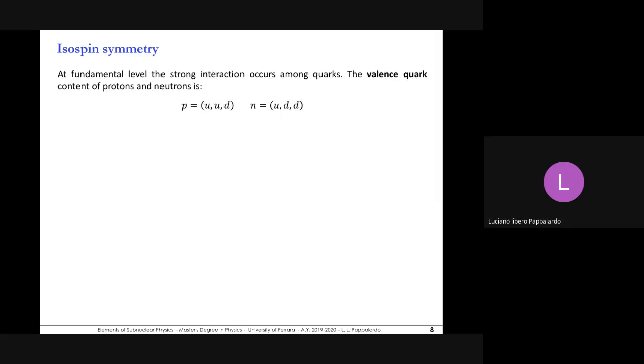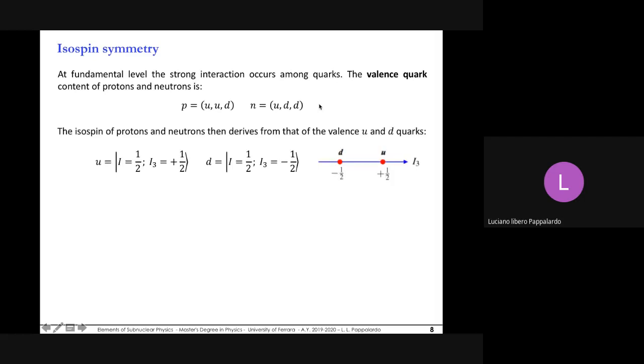Now, this was about protons and neutrons, but of course, at the fundamental level, the strong interaction occurs among quarks. And the valence quark content of the proton and the neutron, as you know, is up, up, down for the proton and up, down, down for the neutron. So the isospin of protons and neutrons can be derived from that of the valence up and down quarks. Okay, so here we have a similar system.